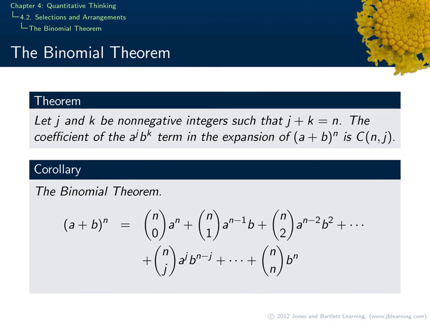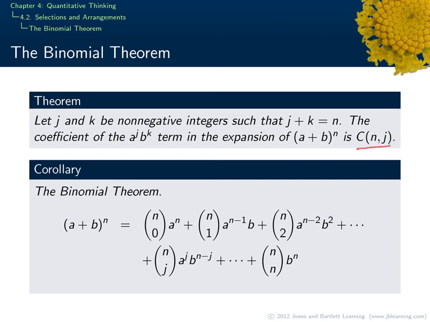Now, luckily, there's an easier way to do all of that, right? So the theorem is if you let j and k be non-negative integers such that j plus k is equal to n, then the coefficient of the a to the j times b to the k term in the expansion of a plus b to the n is this combination C(n,j).